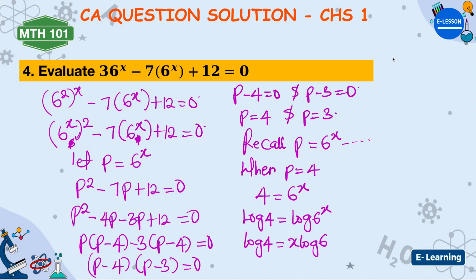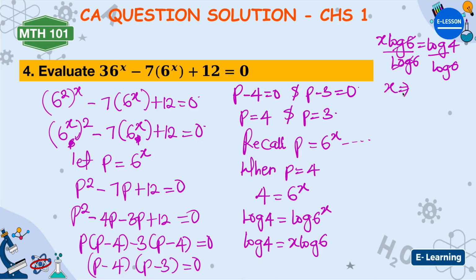Now, we can still write this as x log 6 is equal to log 4. It's still the same thing. So to get x, divide both sides by log 6. So this cancels this. x will be equal to log 4 over log 6. You can press that in your calculator, log 4 over log 6.